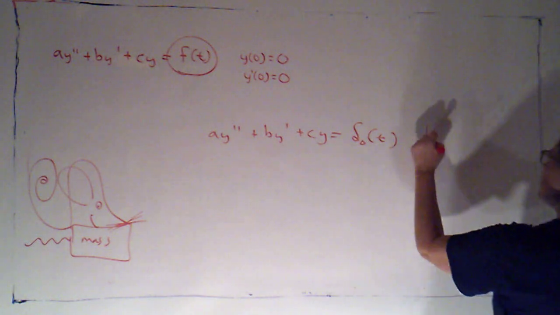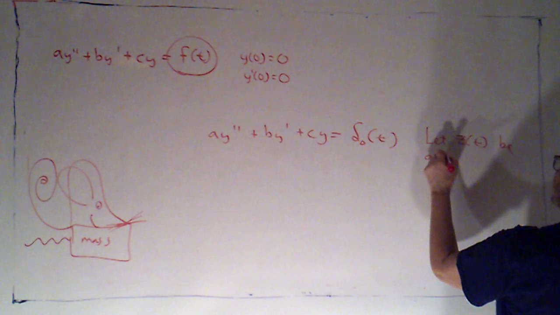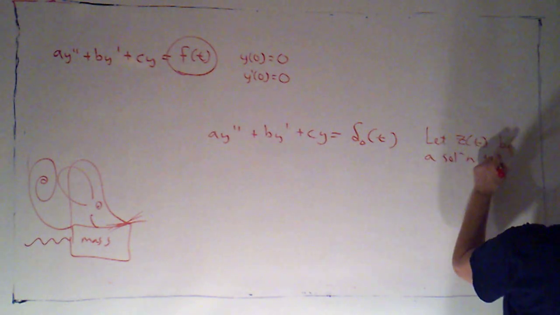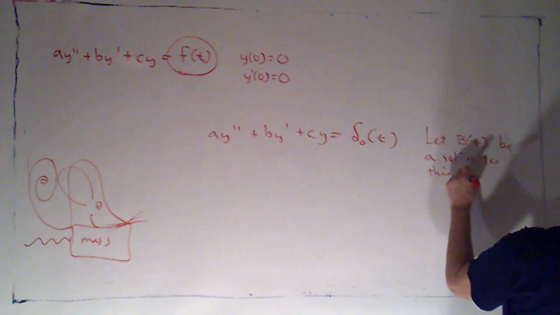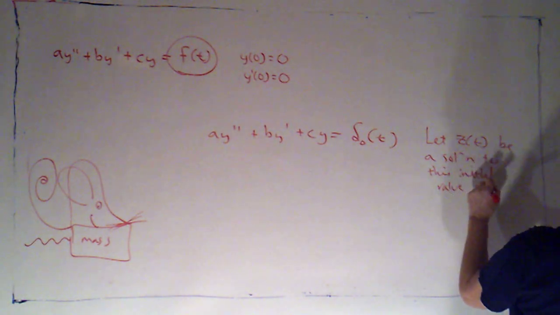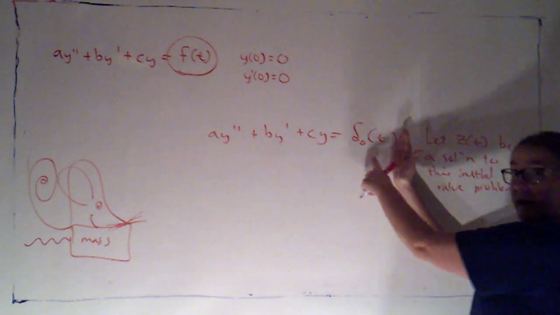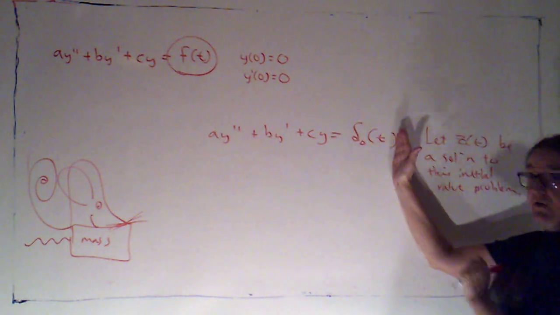And I'm going to let z of t be a solution to this initial value problem. So again, I'm keeping these initial conditions. I'm just making the Dirac delta function my forcing function.